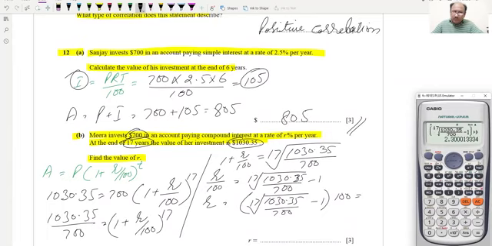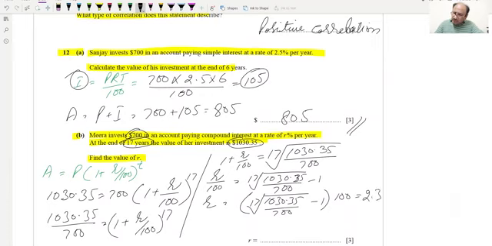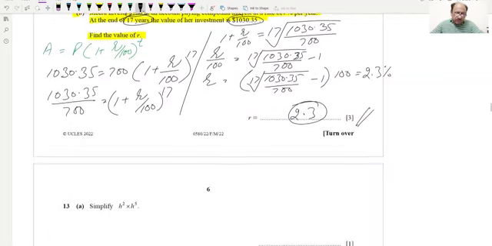This will be equal to 2.3, basically 2.3%. So the R value will be 2.3. We will not be writing the percentage symbol here, so this will be our final answer. Hopefully you understood this. This is for 3 marks.